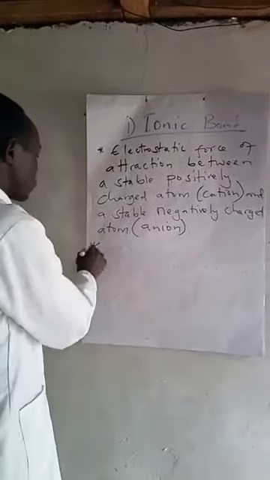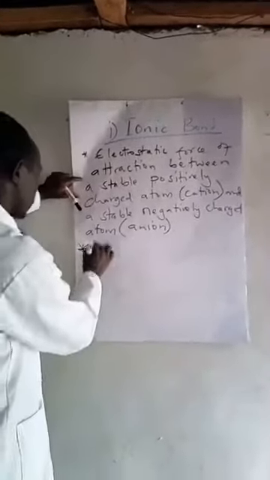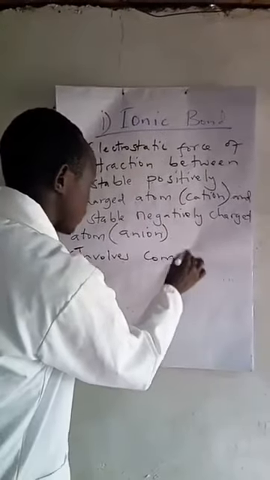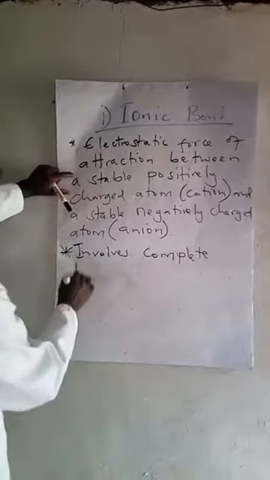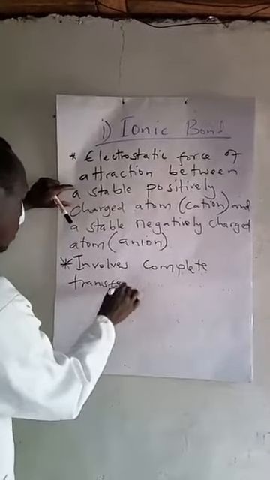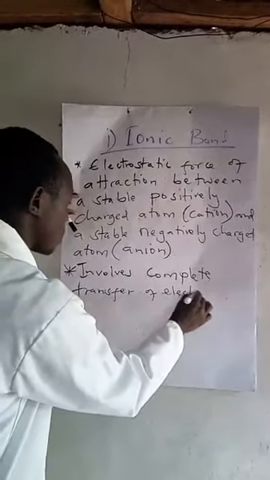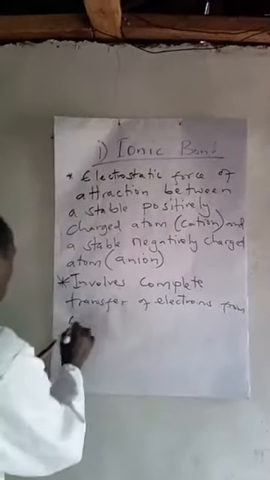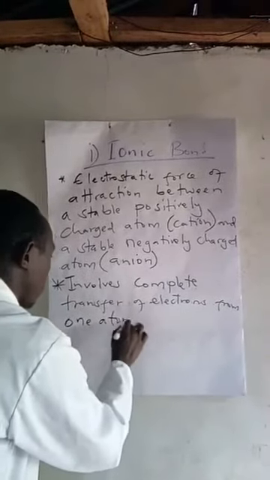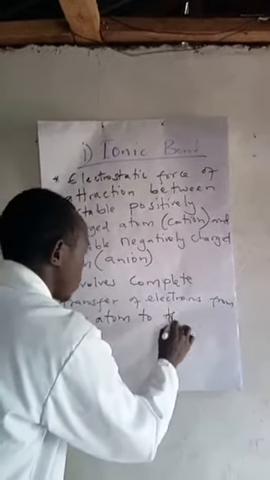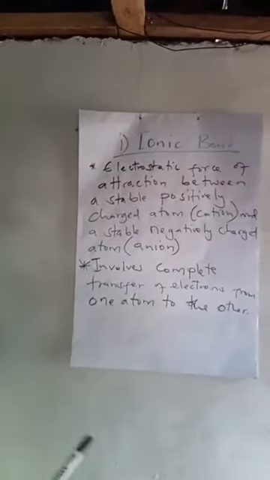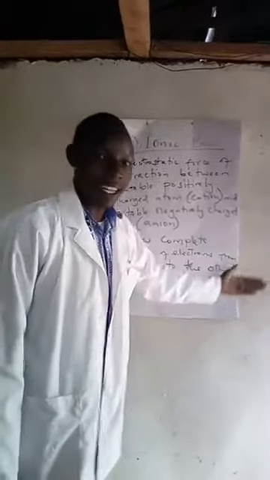Also, something to note about ionic bond is that it involves complete transfer of electrons from one atom to the other during bonding.